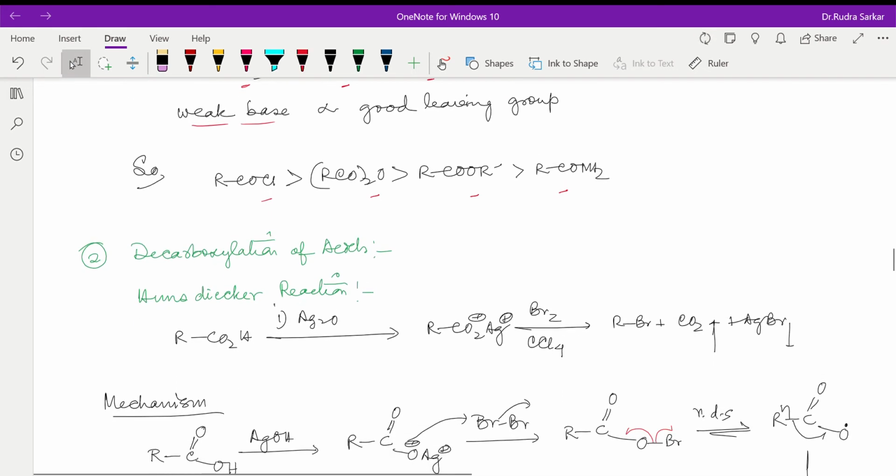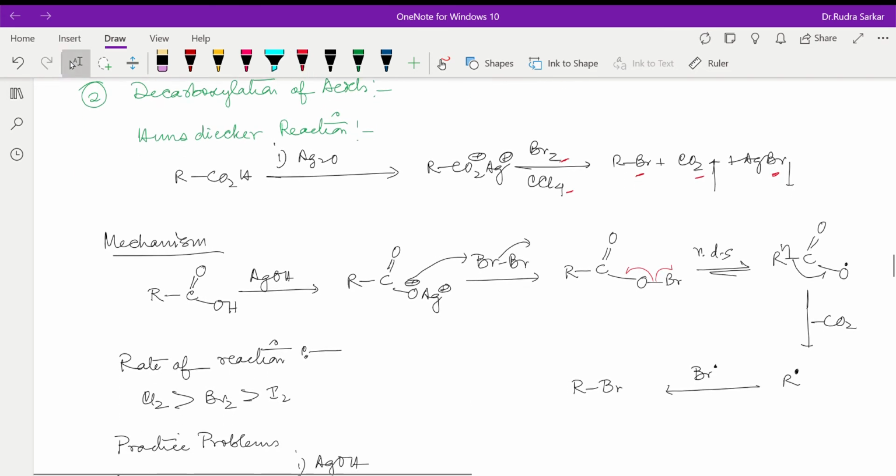Now this reaction is called the Hunsdiecker reaction, which is basically a reaction of an acid with silver oxide forming silver carboxylate salts, which under the influence of Br2 in an organic solvent like CCl4 via a radical mechanism will form RBr, CO2 will be lost, and AgBr as a precipitate will be formed.